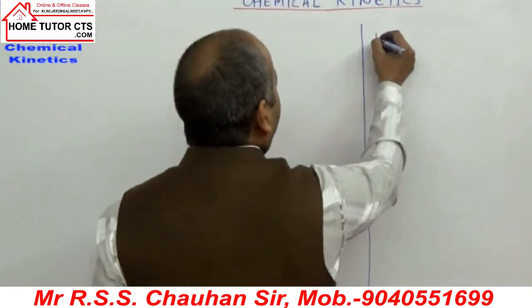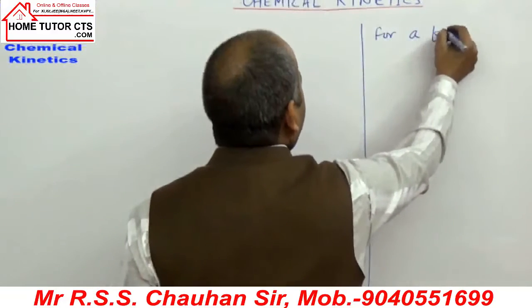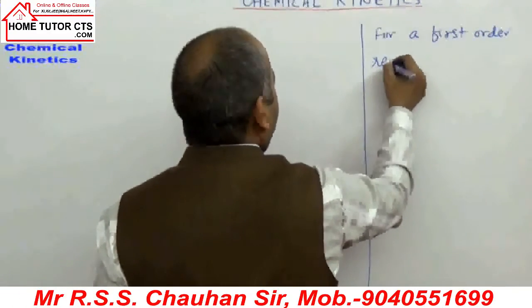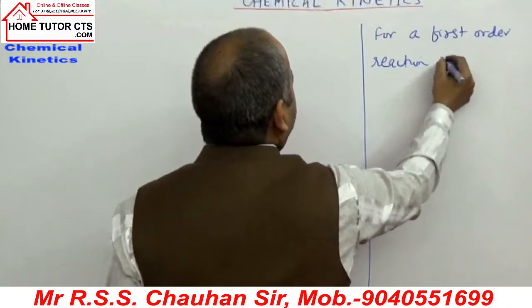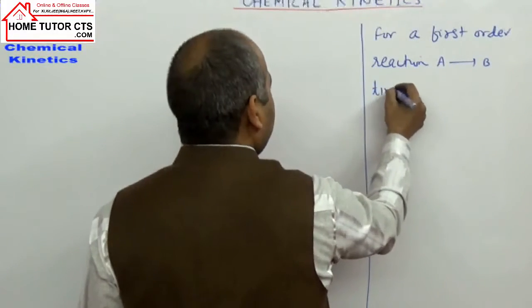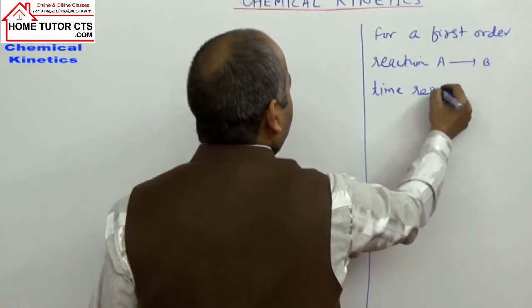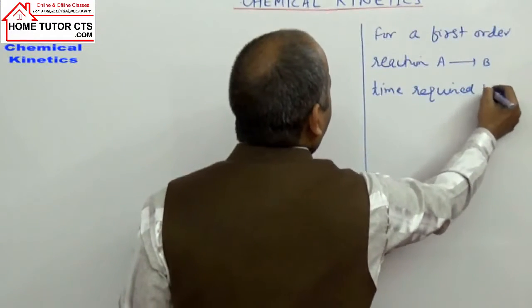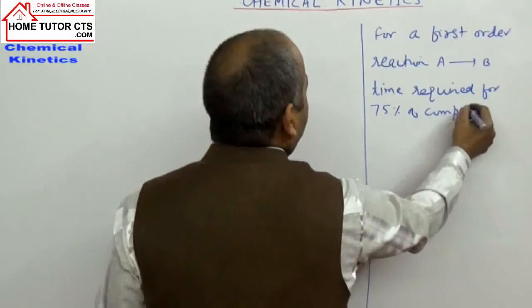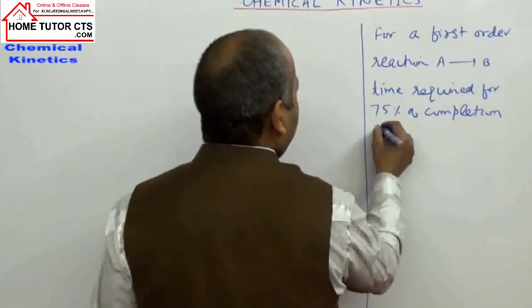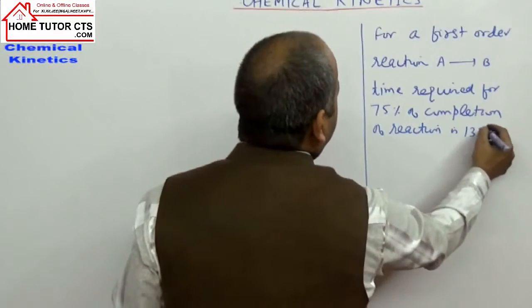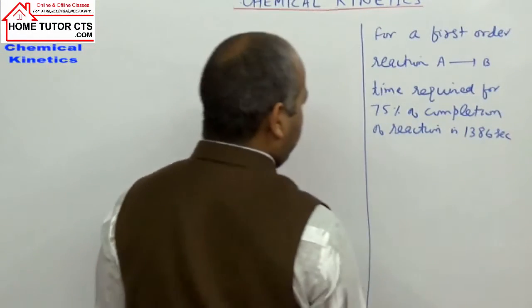देखिए, for a first order reaction A to B, the time required for 75% completion of reaction is 1386 seconds.